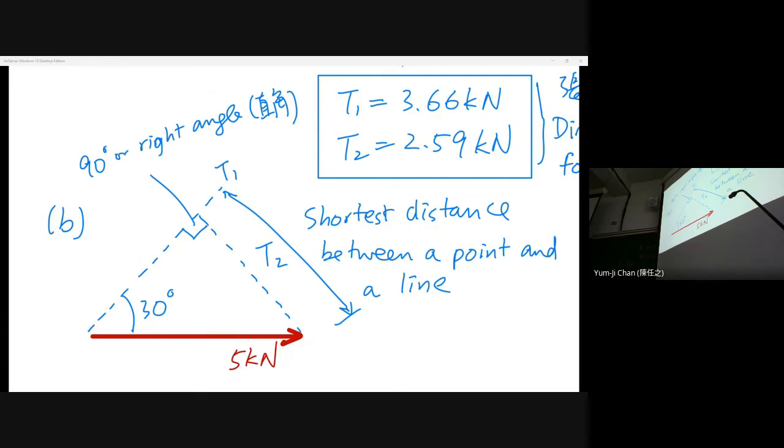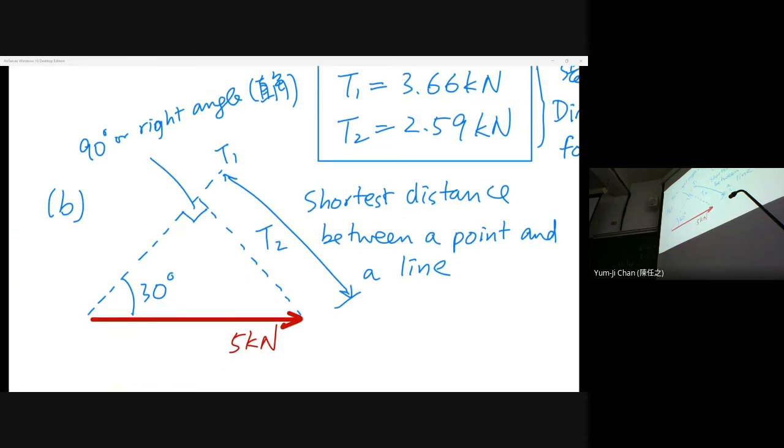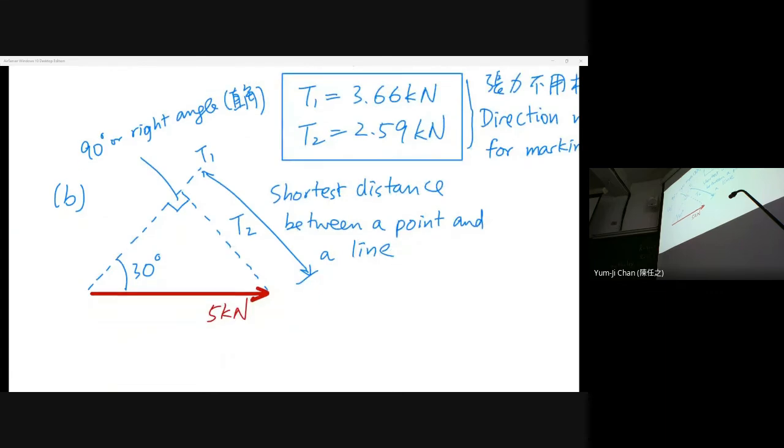Okay, we have a right angle between T1 and T2. That means T2 is minimized.